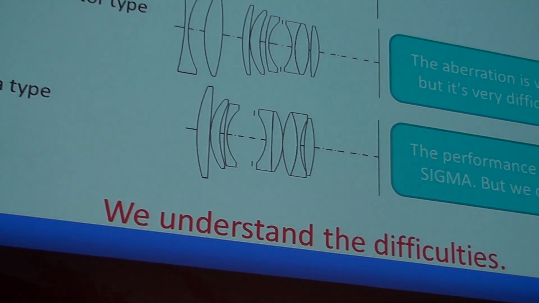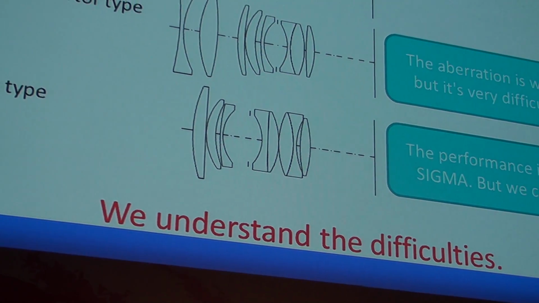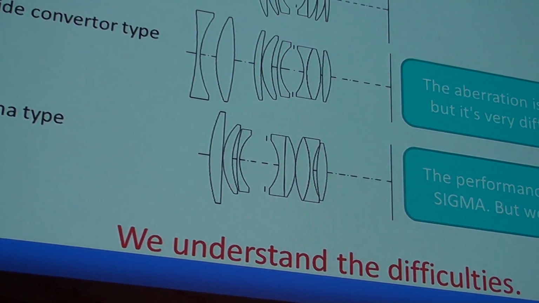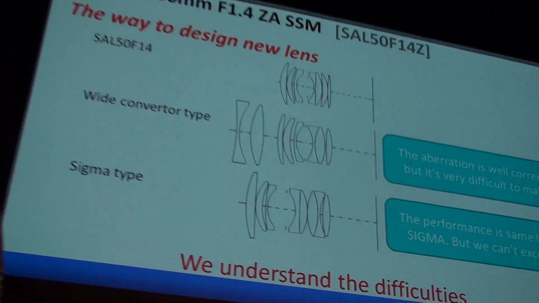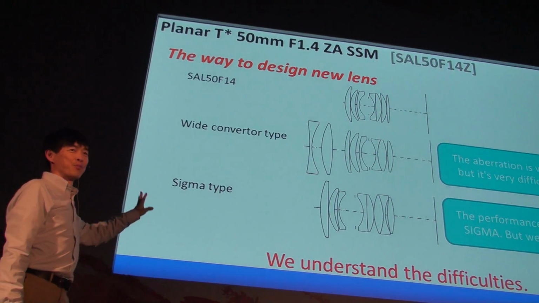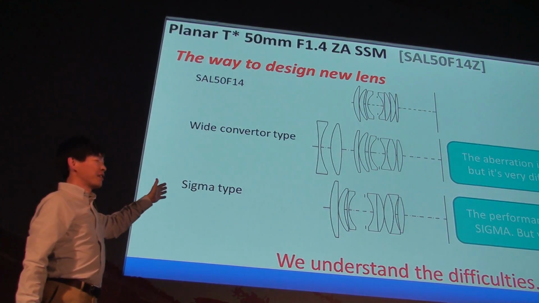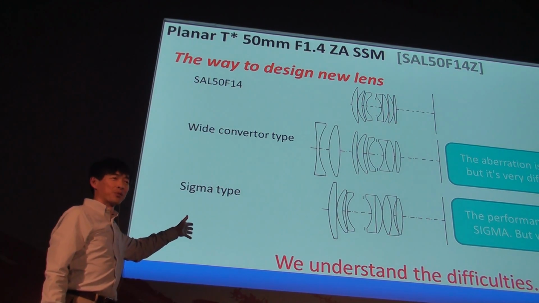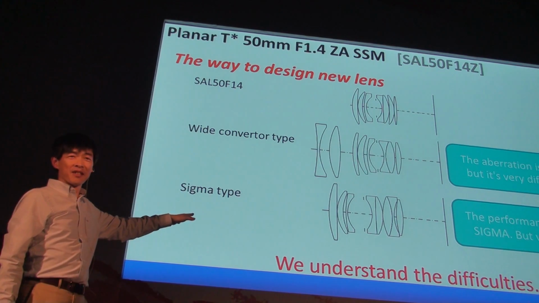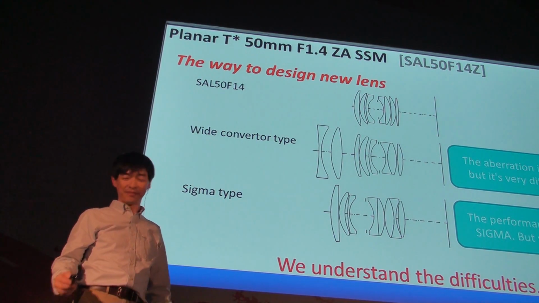So in this process, we understood the difficulties. At first, two designers tried to make the new lens, but we found that this lens is very difficult. So after that, 5 designers tried to design.